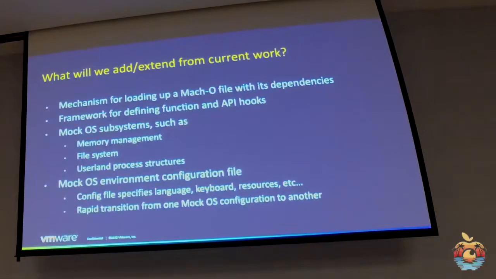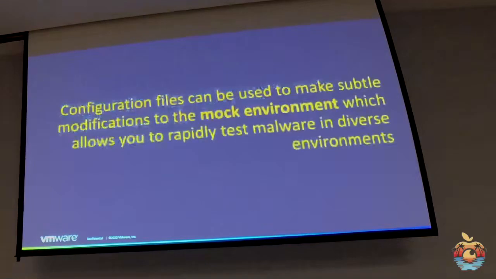And so the best way to do this that we found was to make basically a configuration file where you can define pretty much anything that you want to. And I'll show in a second, kind of a deviation just to give you an example of this, actually how we did it on the Windows side. So these configuration files basically give you the ability to make this mock environment very quickly on the fly.